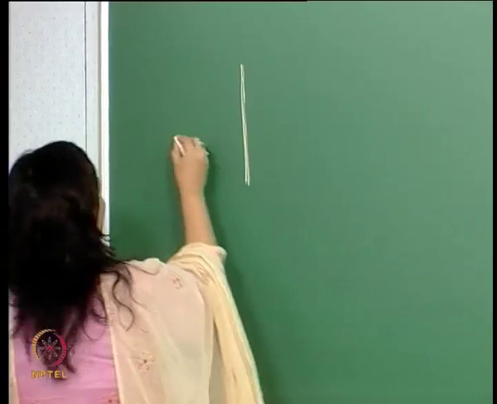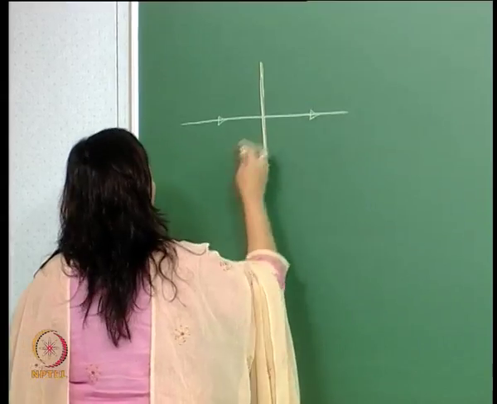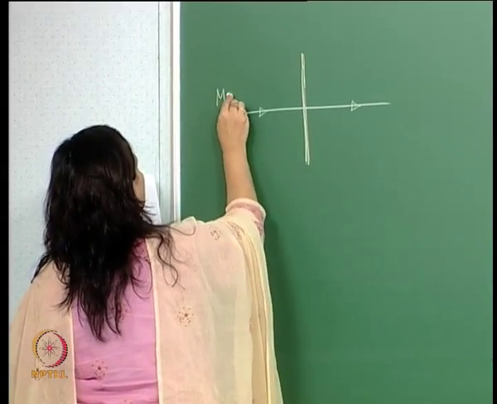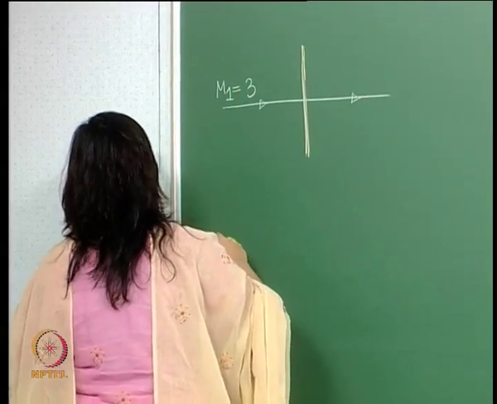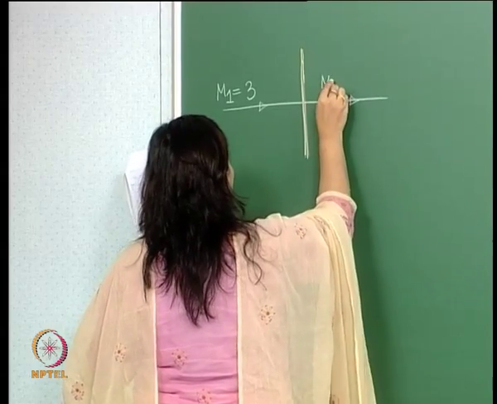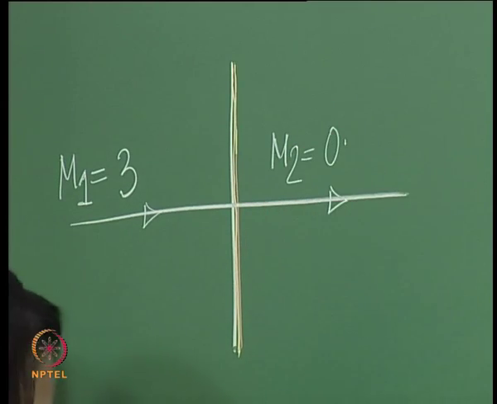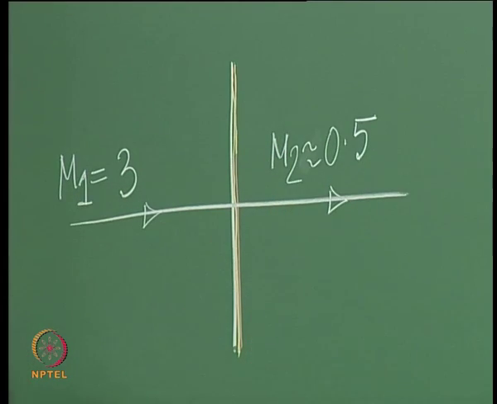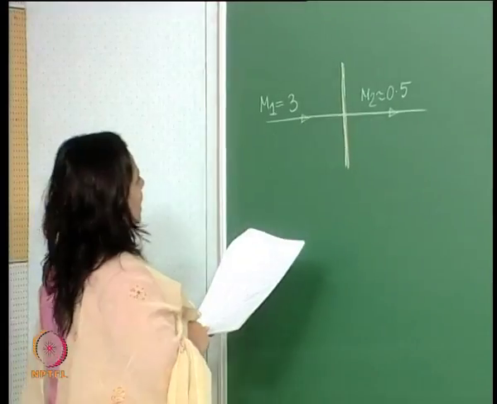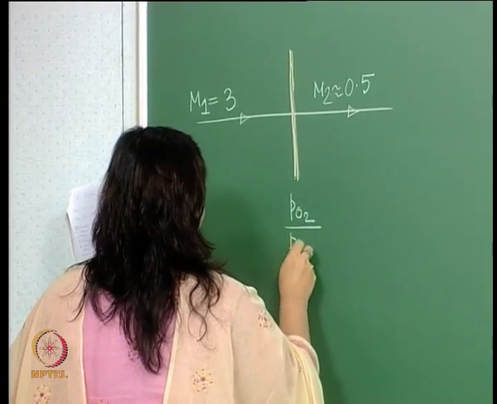Okay, so here we go. What we got was, we had a flow which was this, and what we got here was nearly 0.5 Mach. We got 0.4752 to be precise, and we got a ratio of the total pressures.